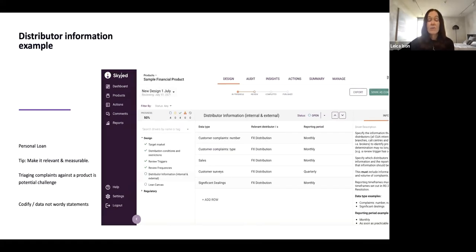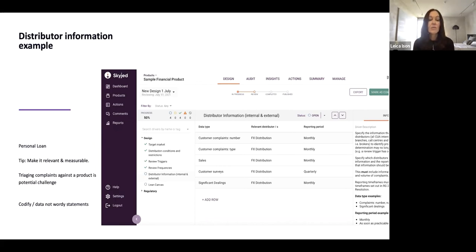Now, the final area in this target market determination is that distributor information. So the key thing here that we need to be quite pragmatic about is, number one, the type of information that we want. So obviously customer complaints is a big one, the sales data, those significant dealings update. The second part of that is, when you need to get that information back into the product team to review.